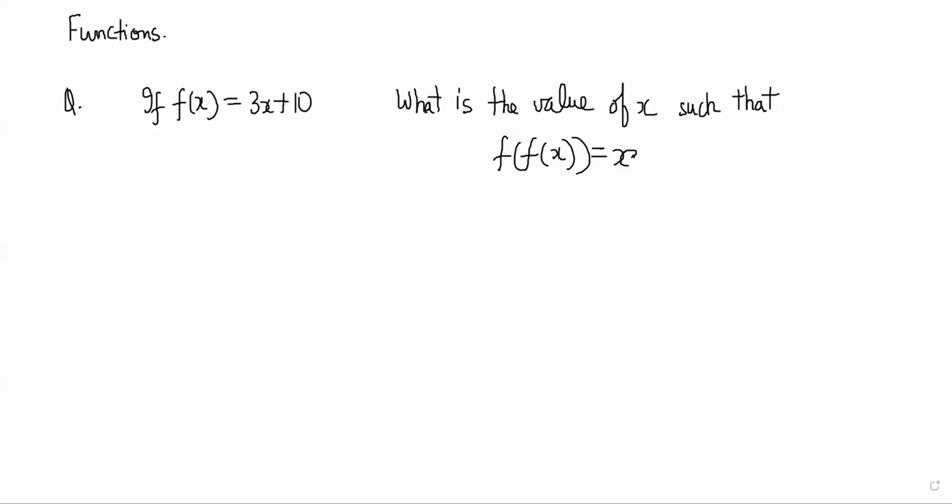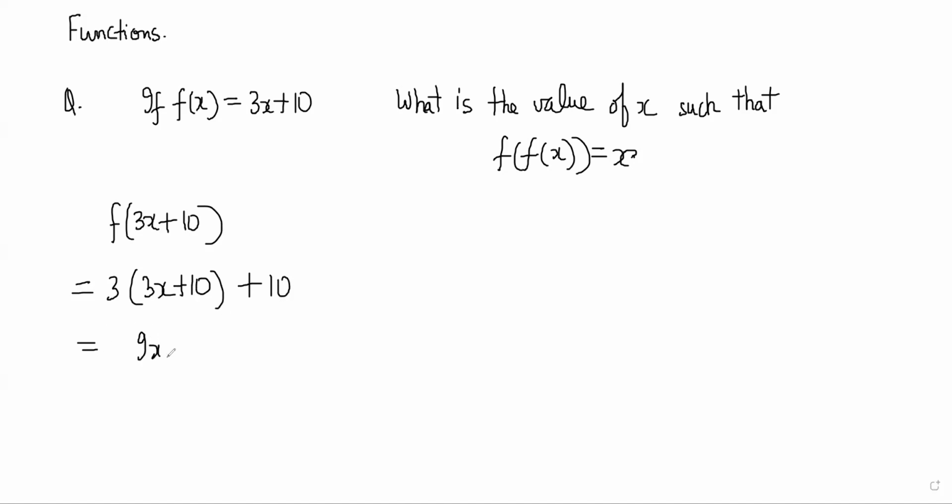You could put 3x plus 10 as your x into the 3x plus 10. So then you would get 9x plus 30 plus 10. That is 9x plus 40, and then make that equal to x, and just solve the equation. So x is equal to minus 5, right? Yeah.